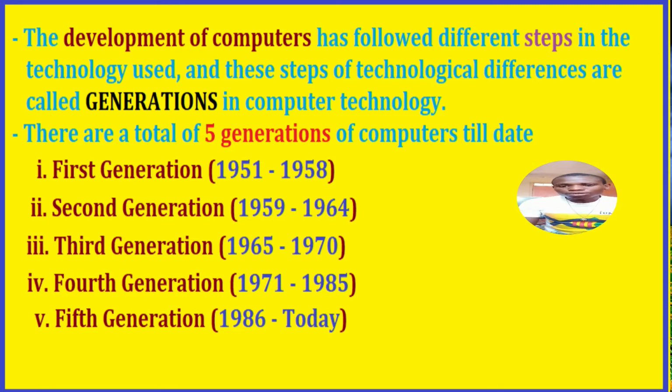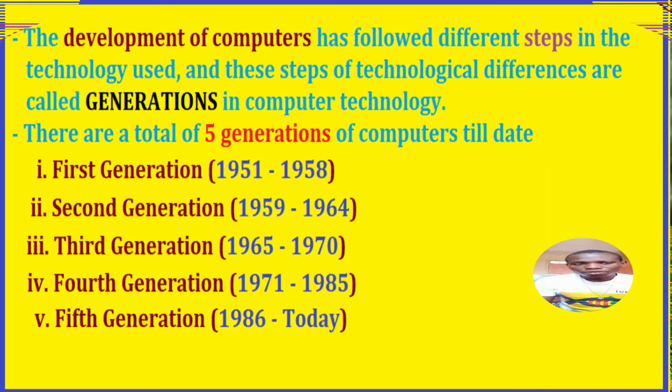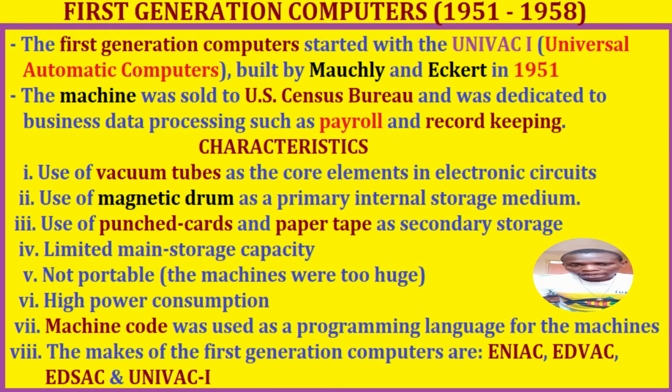Guys, let's go into these generations one by one, and let's begin with the first generation of computers. The first generation computers occurred between the year 1951 to the year 1958, and started with a computer make called UNIVAC 1.